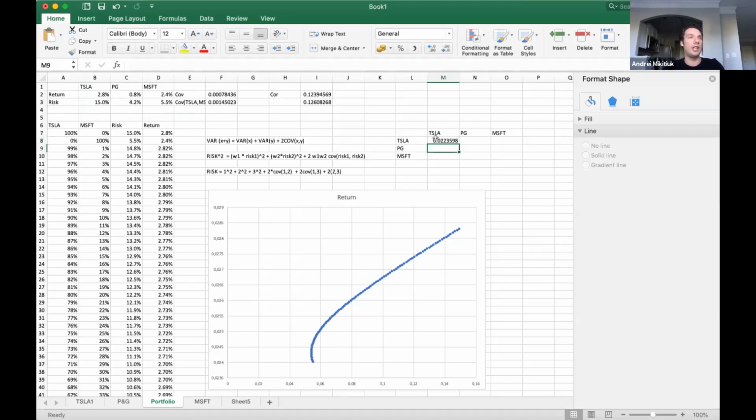That's why it's so convenient. So basically each element of the matrix would be just covariance of those 2 stocks. So covariance of Tesla and Tesla is the same as variance of Tesla, and covariance of Procter & Gamble and Procter & Gamble is basically variance of Procter & Gamble, which is squared standard deviation, and covariance of Microsoft with itself is a squared standard deviation.